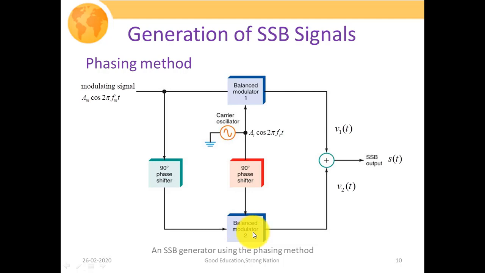What we are going to do is perform a summation of the outputs of both balanced modulators, and at the output of the summer we will have an SSB-SC signal. How are we going to do it? At the summer we will have V1(t) and V2(t). When we add them up, since we have a 90-degree phase apart carrier and signal, one of the sidebands will get cancelled due to the phasing. We will understand this via some mathematical detailing in our upcoming slides.